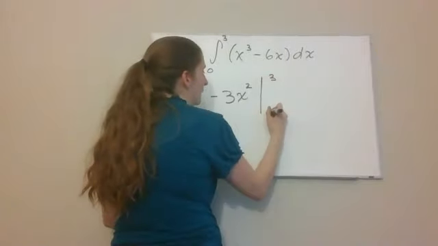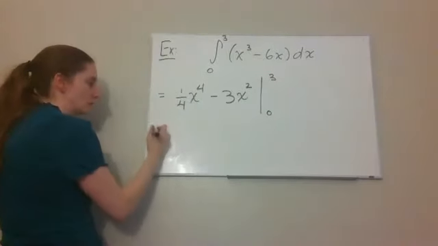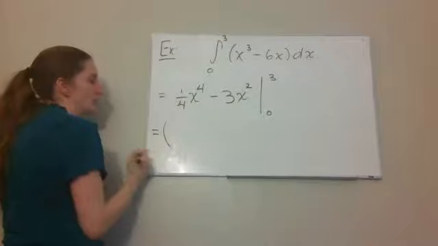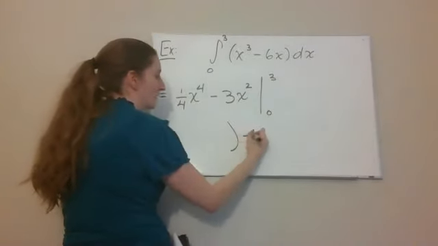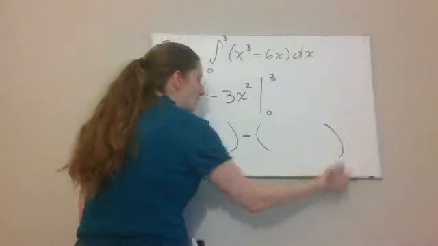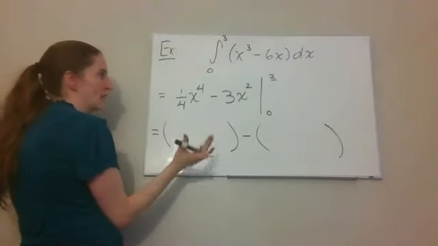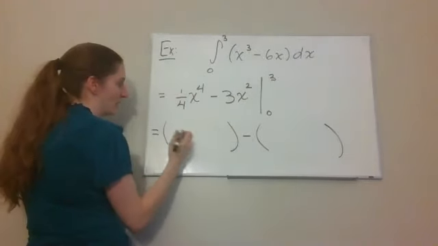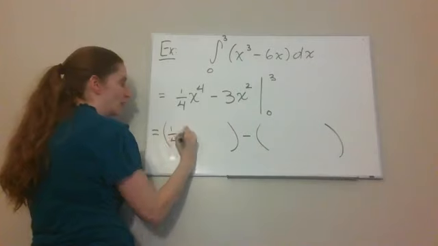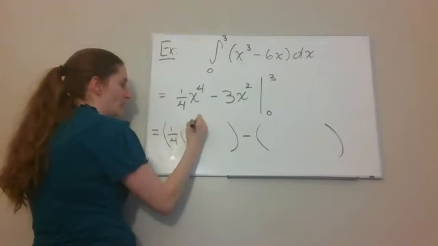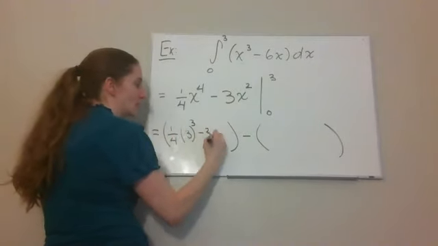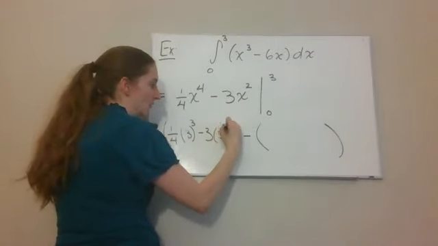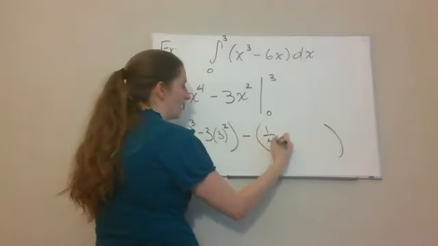Now I need to plug in my numbers. I would suggest you put a gigantic set of parentheses around the values that you get when you plug in the top number and the bottom number, just to be careful with that subtraction. So here I'm plugging in the top number, and then I'm going to plug in the bottom number.